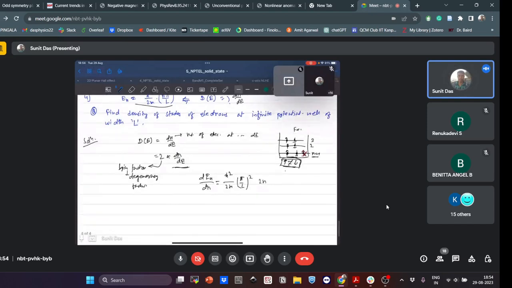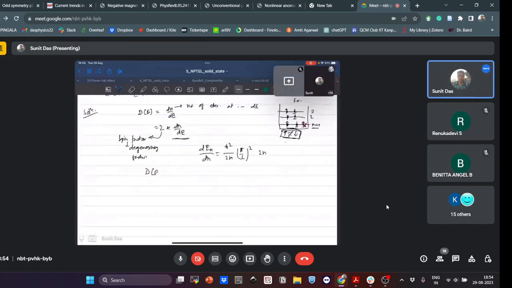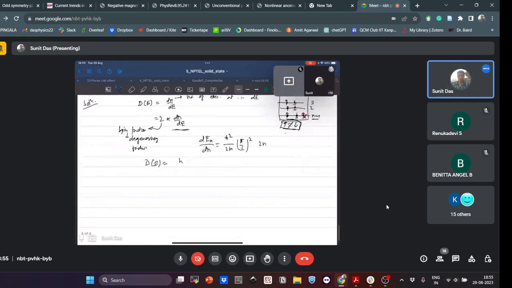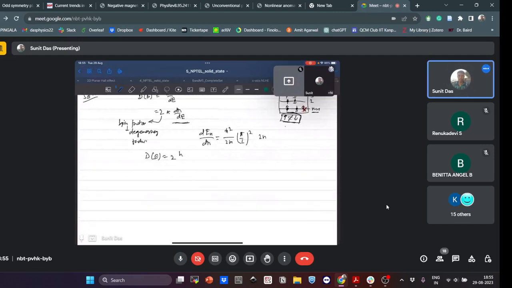Then d of e will be inverse, 2 into one by n. So this is the answer, but we can actually do better.